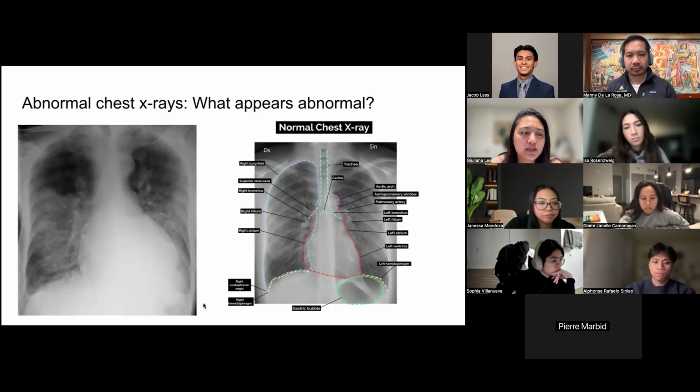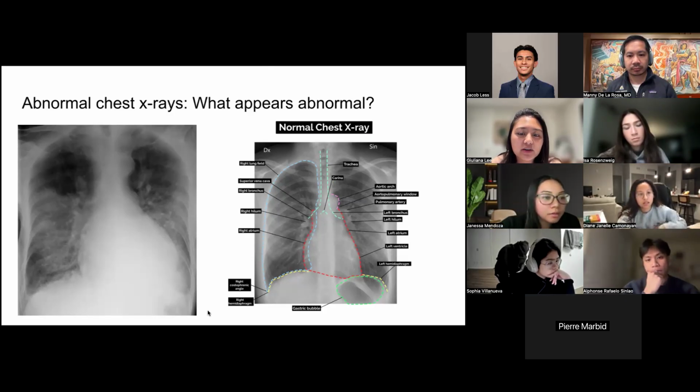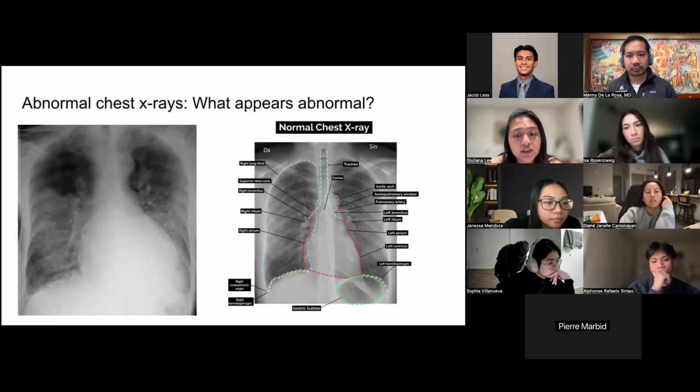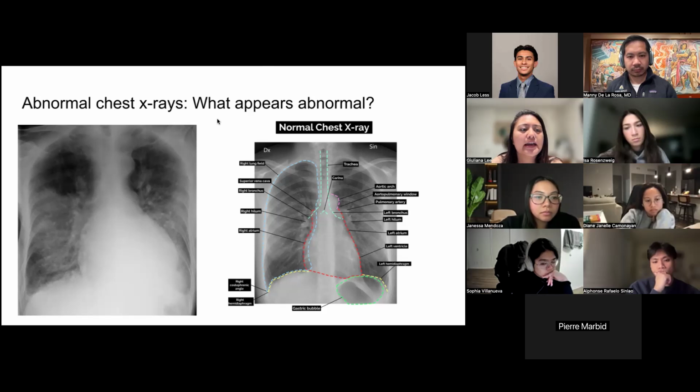And I'd love for people to maybe, using that schema, either put check marks on things that look normal to you, put X marks on things that look kind of weird or abnormal to you, and then maybe a question mark if you're not sure what that looks like or what's going on there.